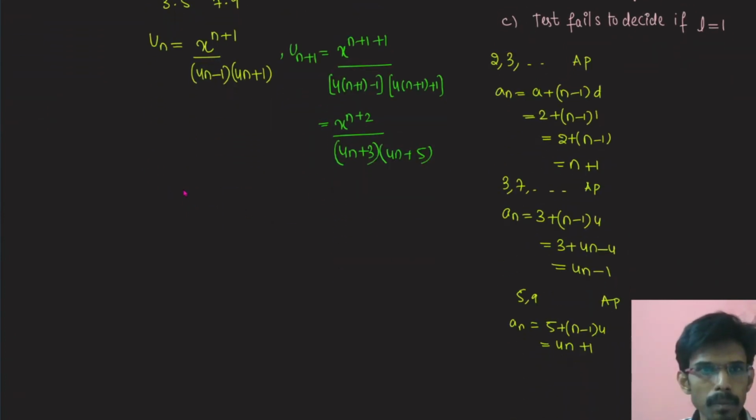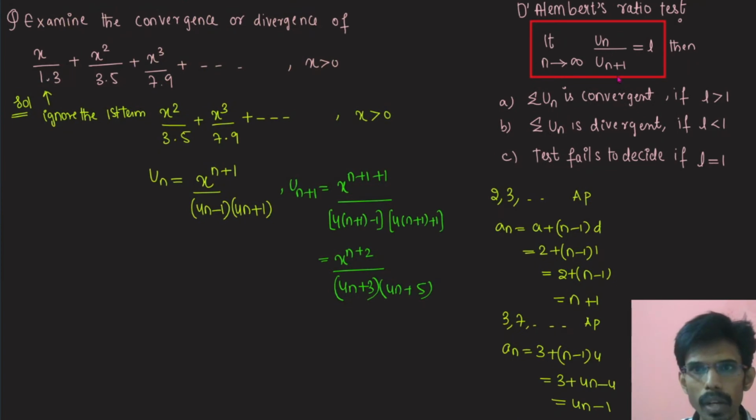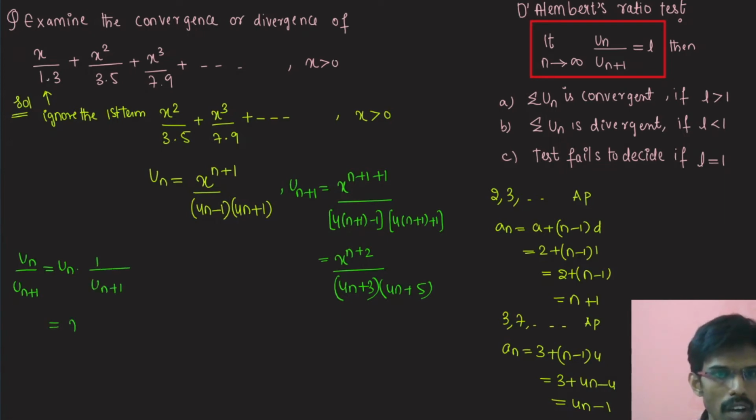Now we want the ratio of Un by Un plus 1. The ratio of Un upon Un plus 1 can be written as Un into 1 by Un plus 1. So the Un value we have is x power of n plus 1 upon 4n minus 1 into 4n plus 1. Now 1 by Un plus 1 means the reciprocal of this term.